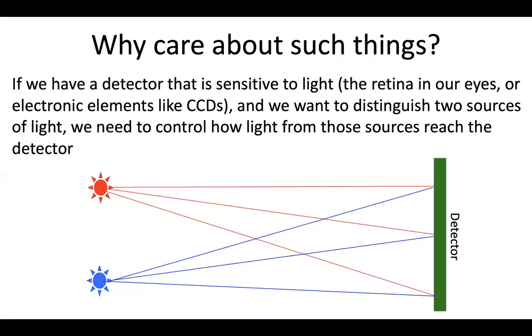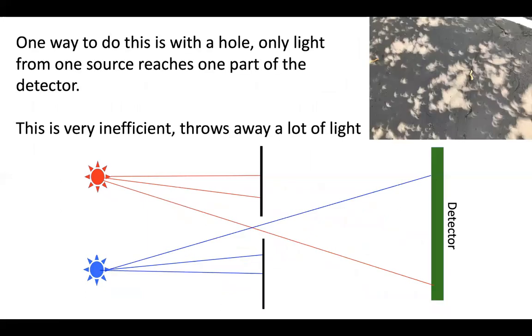You need something in between the light sources and your detector to actually make an image, to distinguish sources from different locations. Now, the simplest way to do that is with a hole. That is, you block out all of the light except that coming from a tiny little hole. In this case, only light from the red source can reach this part of the detector, and only light from the blue source can reach this part of the detector. So you would be able to distinguish those two sources and create an image.